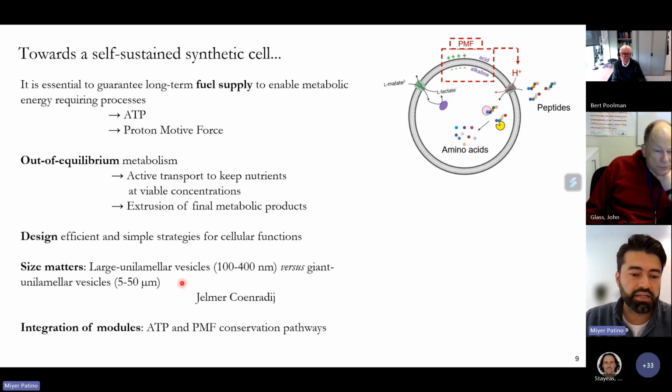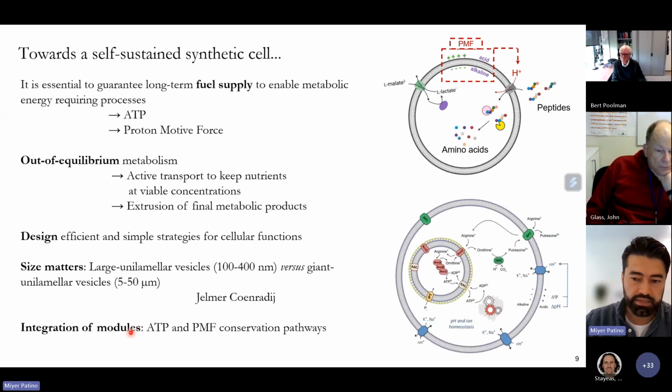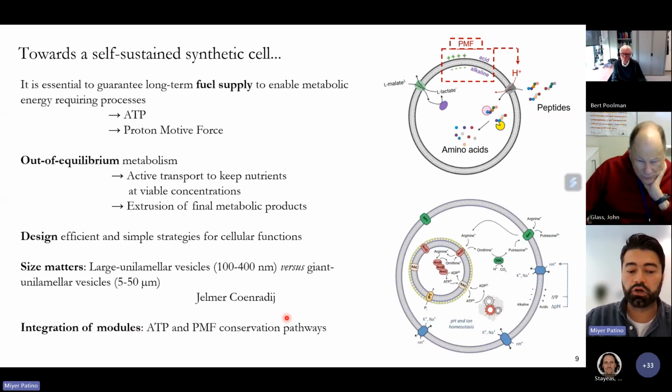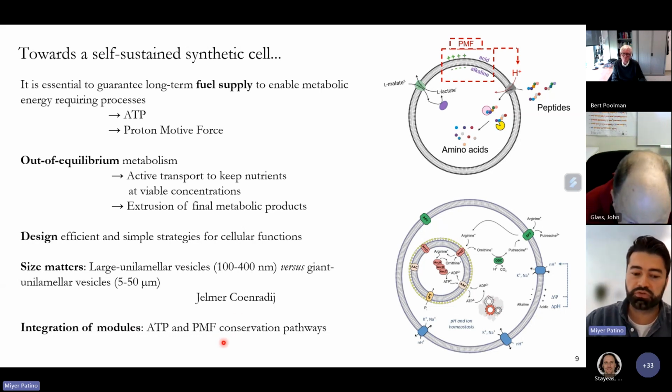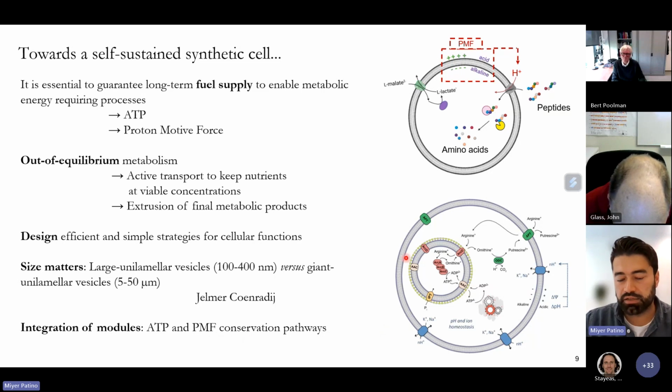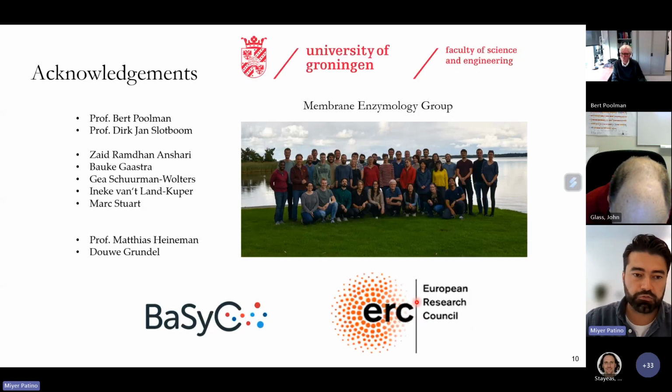That's going to be the topic of the next talk from my colleague. And finally, this is something that Bear already showed: we are working to couple the ATP and proton motive force conservation modules to have a nested system of vesicles.